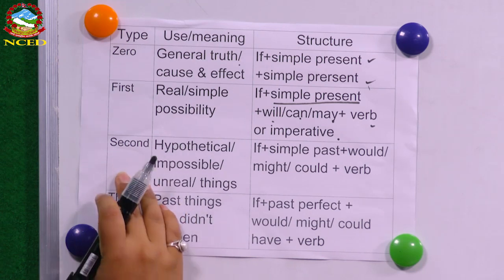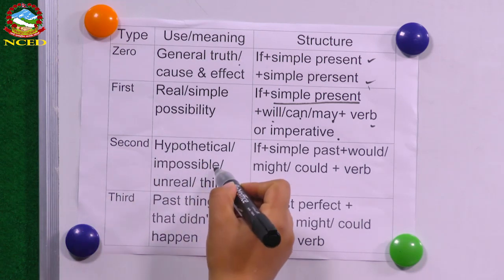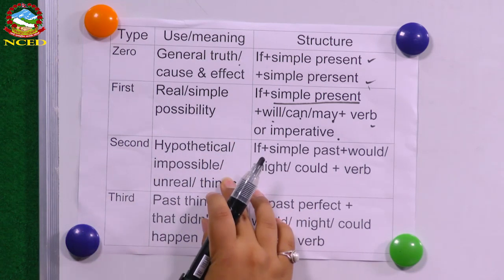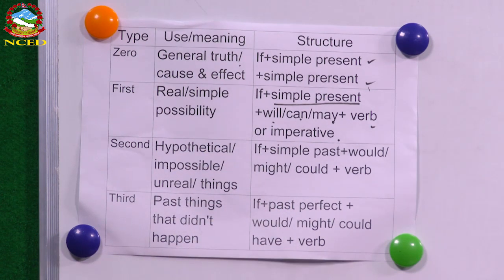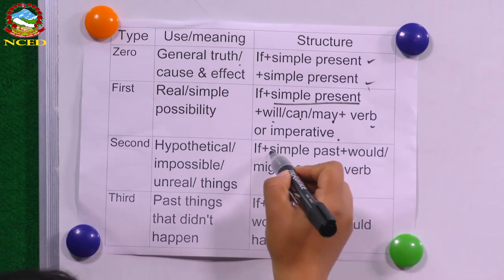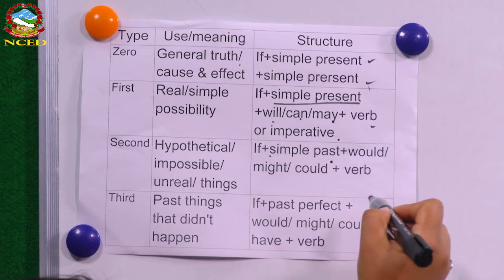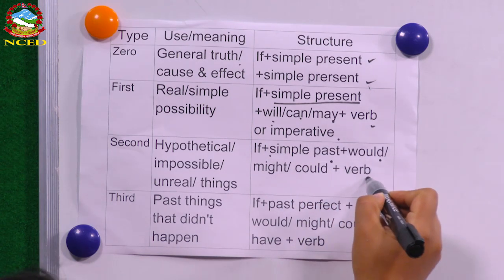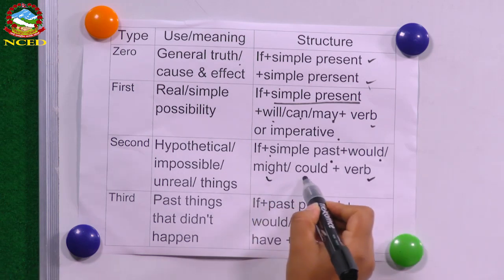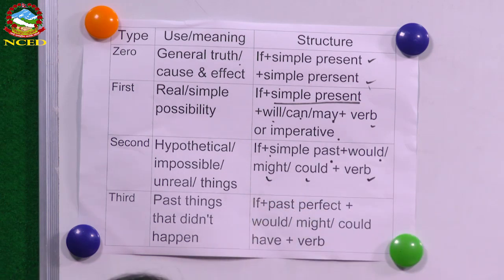Type 2 conditional, second type of conditional, talks about something impossible, something unreal or hypothetical. कल्पना गरेको जुन अहिले सम्भव पनि छैन र त्यो रियालिटी पनि होइन. And the structure is the if clause consists of simple past tense and the main clause consists of would plus the base form of the verb, or alternatively might and could can also be used, okay?